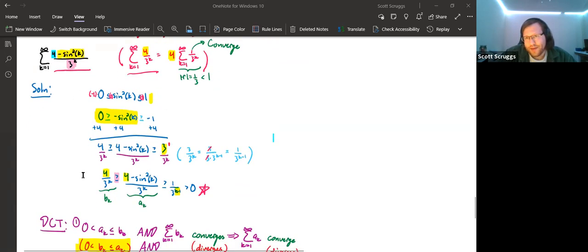But typically I would start with the work in blue and see what I do here, and then say, okay, here's my inequality. So that is the series I'm working with or comparing with. Would that be convergent or divergent? And see if it makes sense for a direct comparison test.